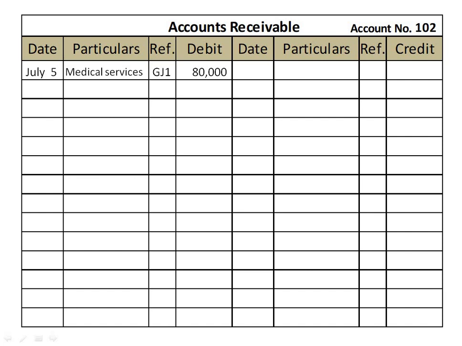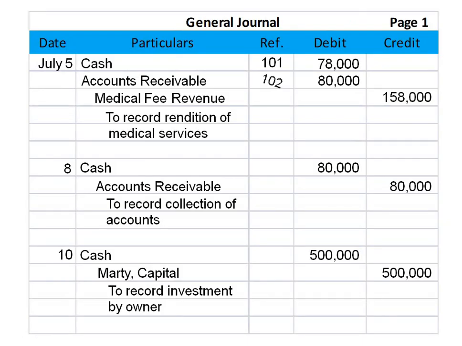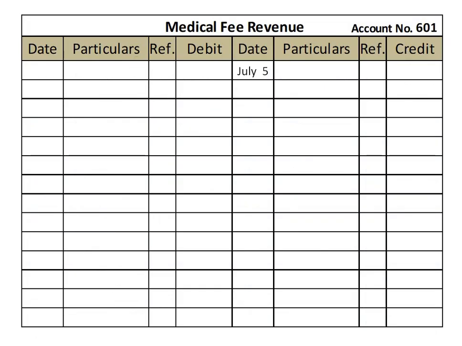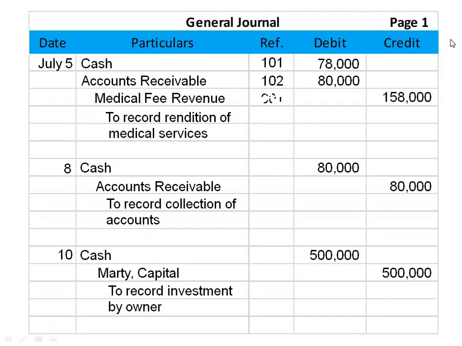Then, go back to the journal and update the reference code. Post again. This time, medical fee revenue, 158,000 to the credit or right side of the appropriate ledger. Account number 601 to the PR column of the journal.